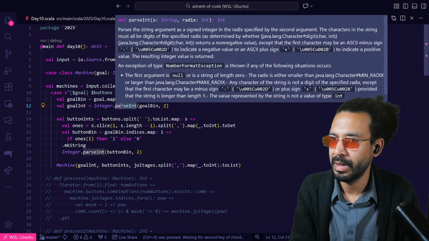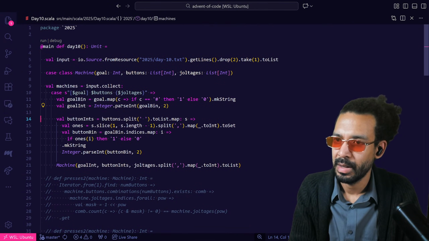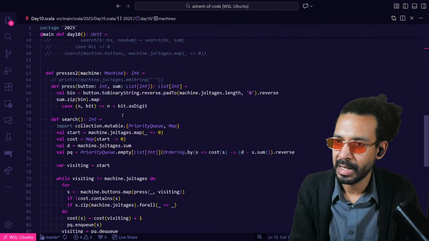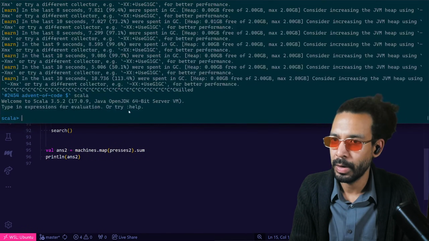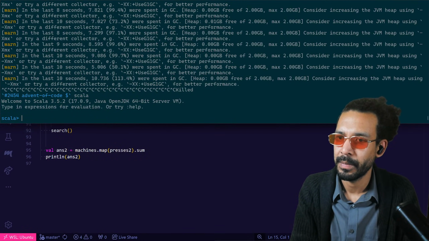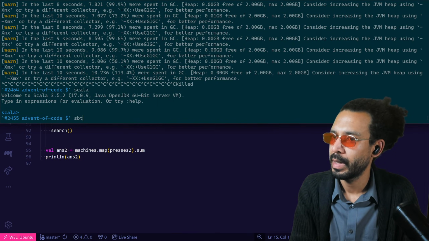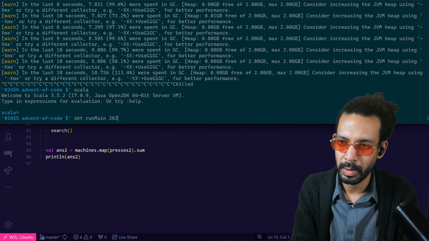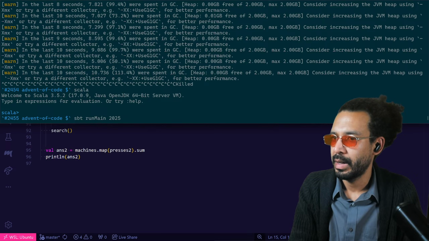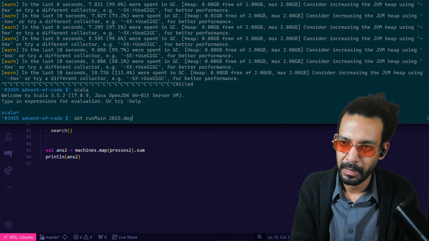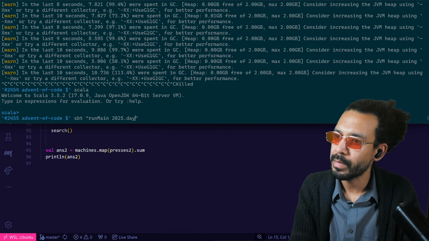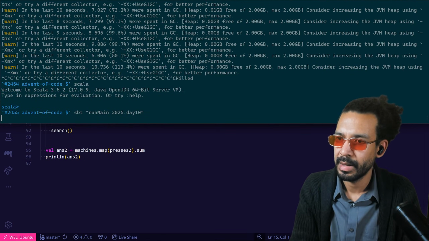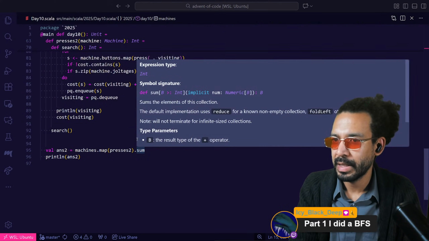It's not in here, it's in the worksheet. Okay, give me a sec. I'm just gonna get this YOLO running. SPT run main 2025 dot day 10. Okay, we'll get that running.